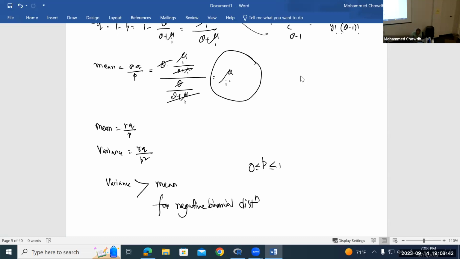So what is the variance? Let me write here. RQ over P square, right? So let me put in all of those values. R equal to theta and Q equal to mu I over theta plus mu I, and then P square equal to theta square over theta plus mu I square.